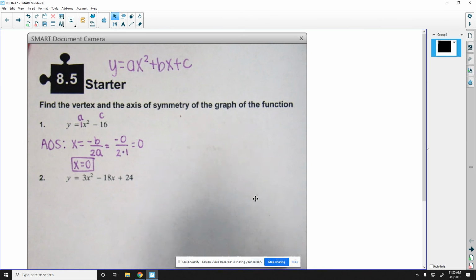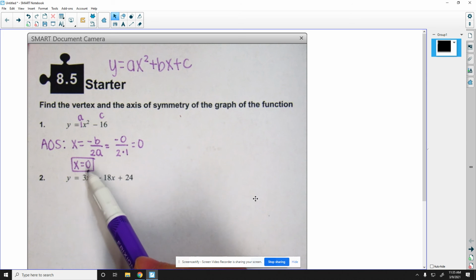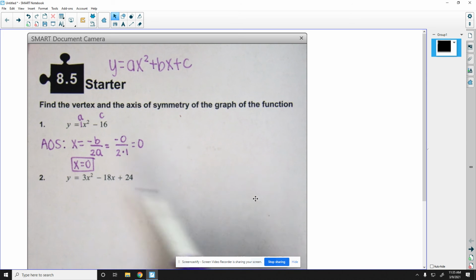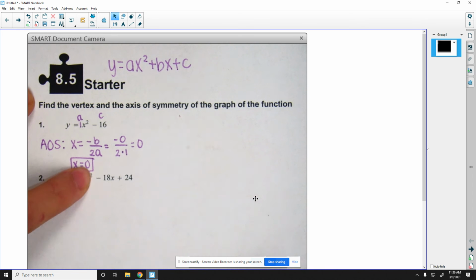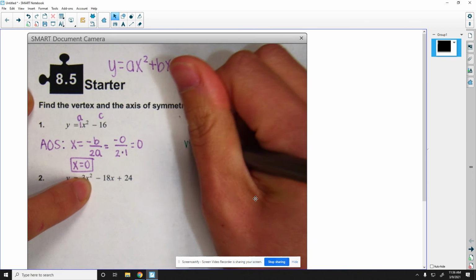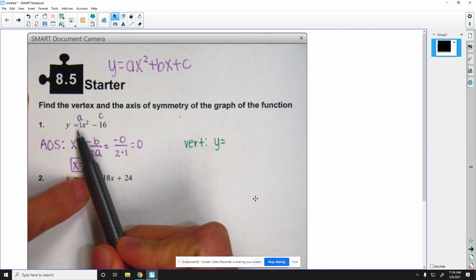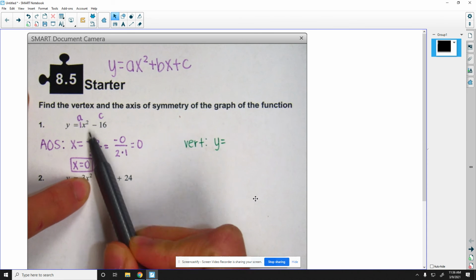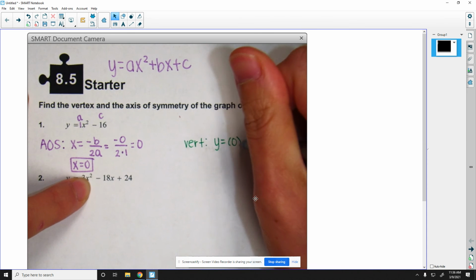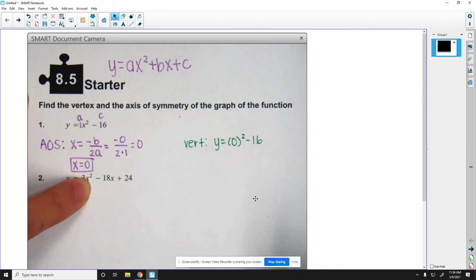So now remember how in 8.3 we said, now that you know the AOS, which is an x, to find your vertex, which is a point, something comma something, take your x and plug it into your equation. So for my vertex, I'm going to take my original problem, and I'm just going to plug in 0 for x. So I have 0 squared minus 16.